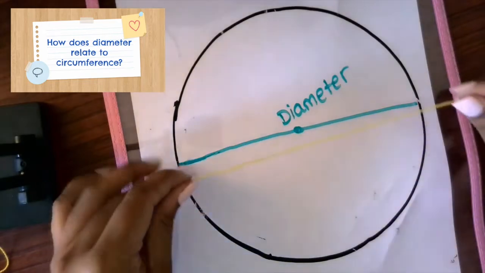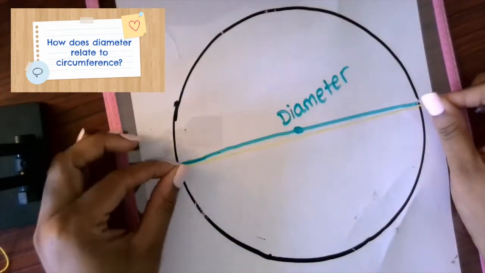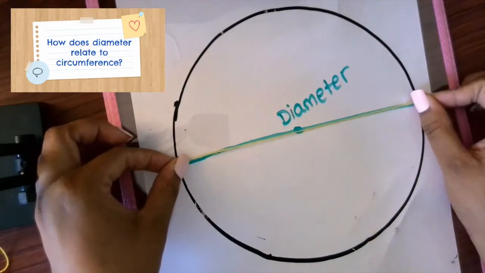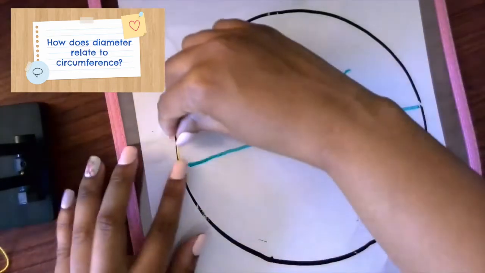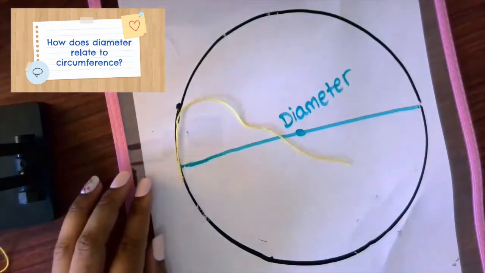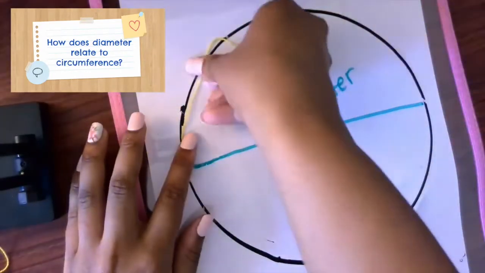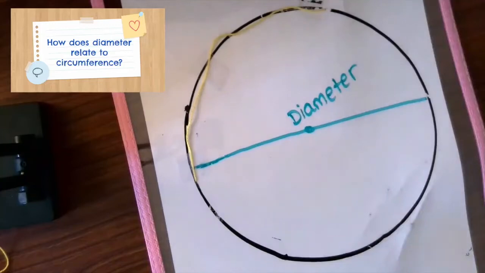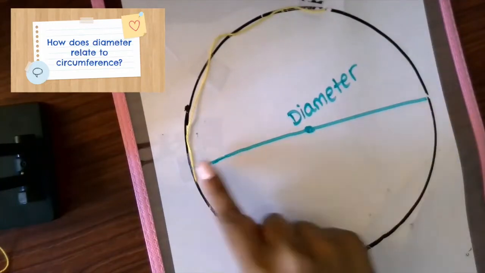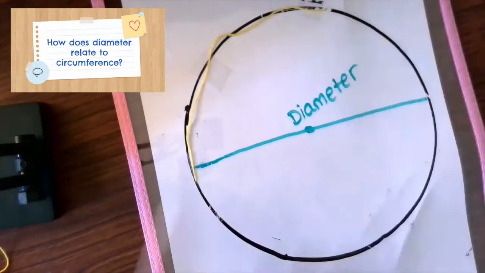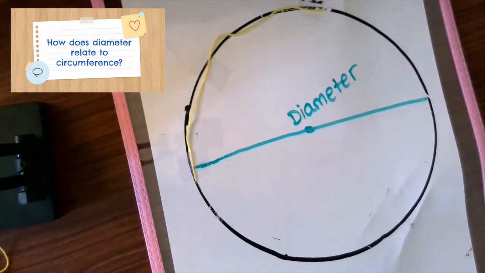Here I have a piece of string that I cut and is about the length of the diameter. I'm going to tape that around the circumference of my circle so it stays in place. The length of one diameter definitely is not enough to make it around the whole circle. How many pieces of string do you think it will take to make it around the whole circle?